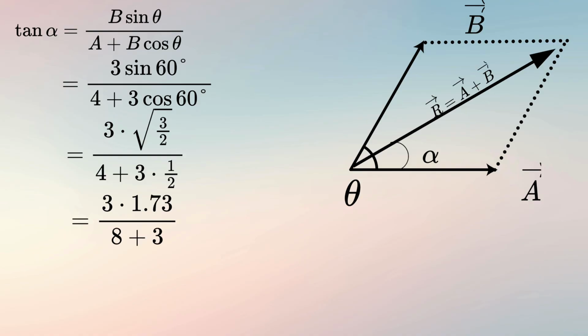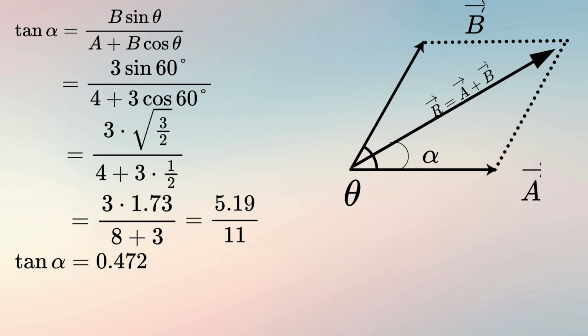The 2 will get cancelled out with the 2 which is there in the numerator. So the final answer will be 3 root 3 divided by 8 plus 3. We have written root 3 as 1.73 by substituting its value, and then the final answer is 5.19 divided by 11, which gives us tan alpha equals 0.472.